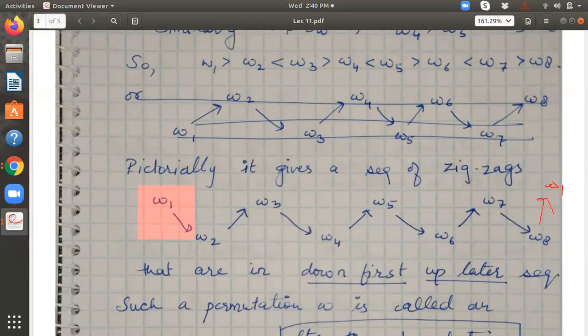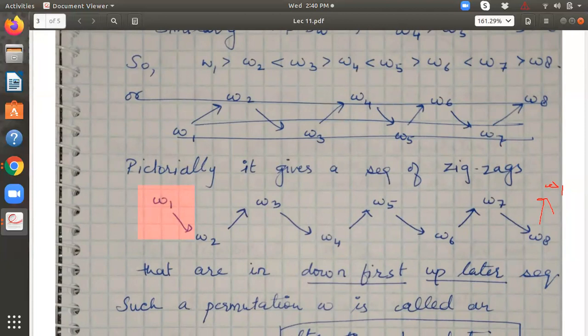But we cannot do this always. Here I am giving you just an example. What I really mean by reverse is, technically: instead of considering a down first and up later sequence, can I consider down later, up first sequences?